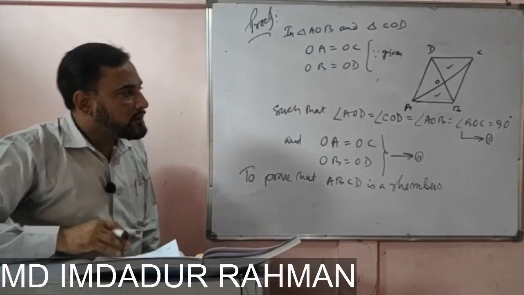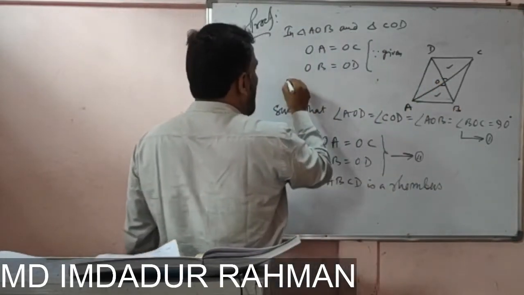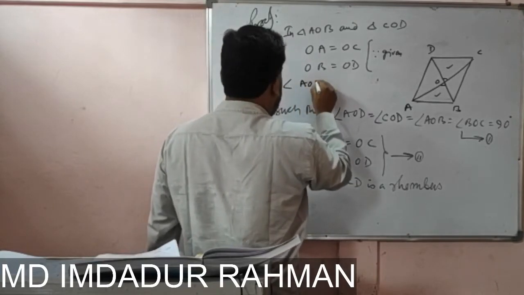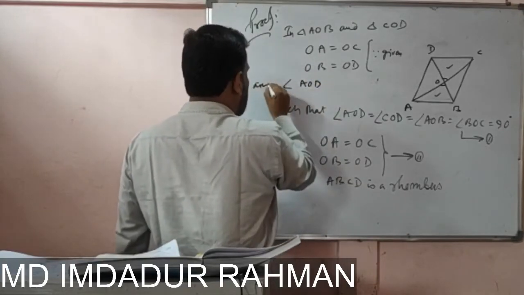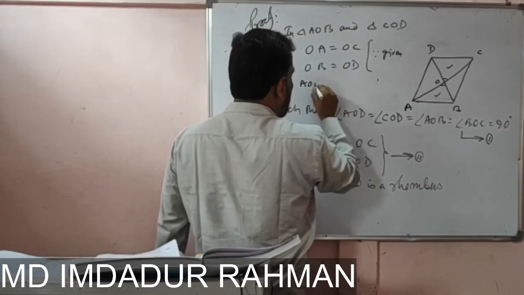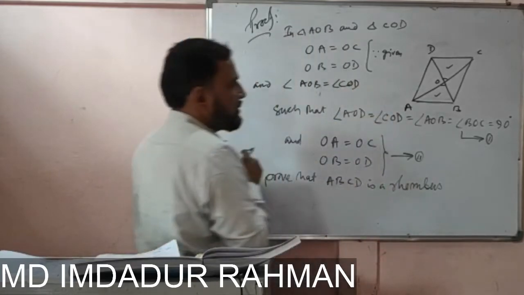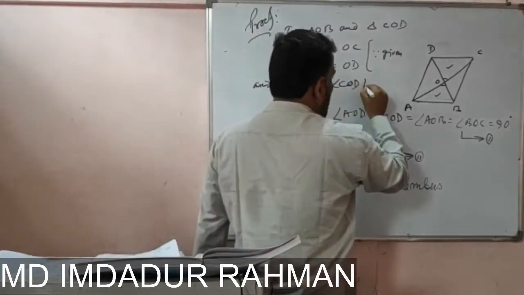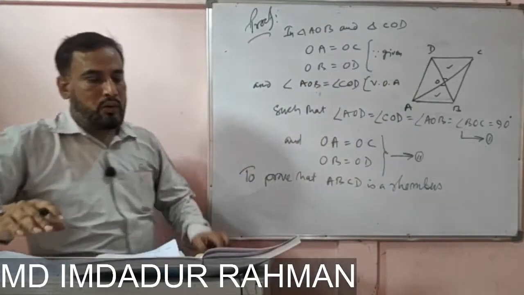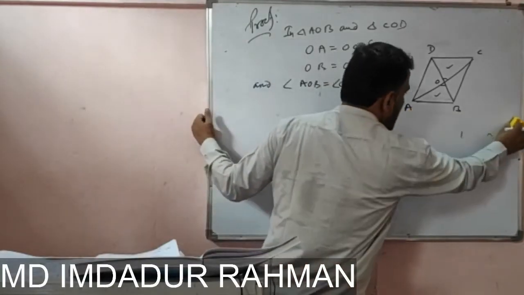Next, particularly the vertically opposite angles we can use: angle AOB is equal to angle COD, since they are vertically opposite angles. So which postulate are you getting? Can you guess?